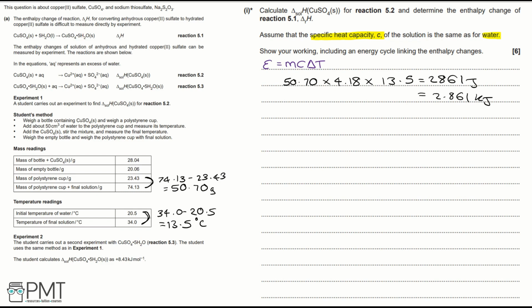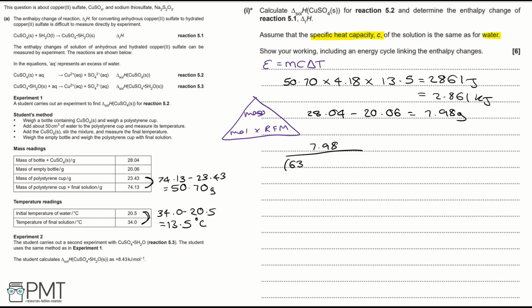2.861 kilojoules. Now we need to work out moles. So our moles is going to be the mass of copper 2 sulfate divided by its relative formula mass. So we're going to use the equation triangle of mass, moles, times relative formula mass. So the mass of copper 2 sulfate, that is going to be 28.04 minus 20.06, and that equals 7.98 grams. So 7.98 divided by its relative formula mass, which is 63.5 plus 32 plus 16 times 4.